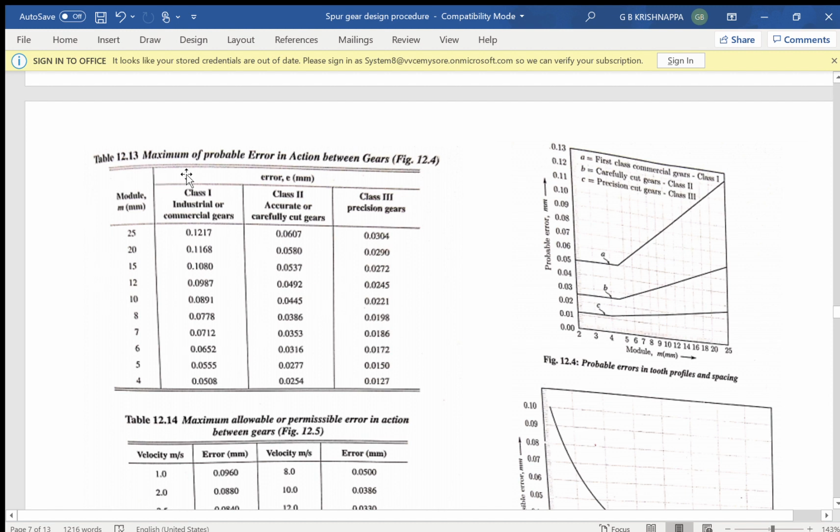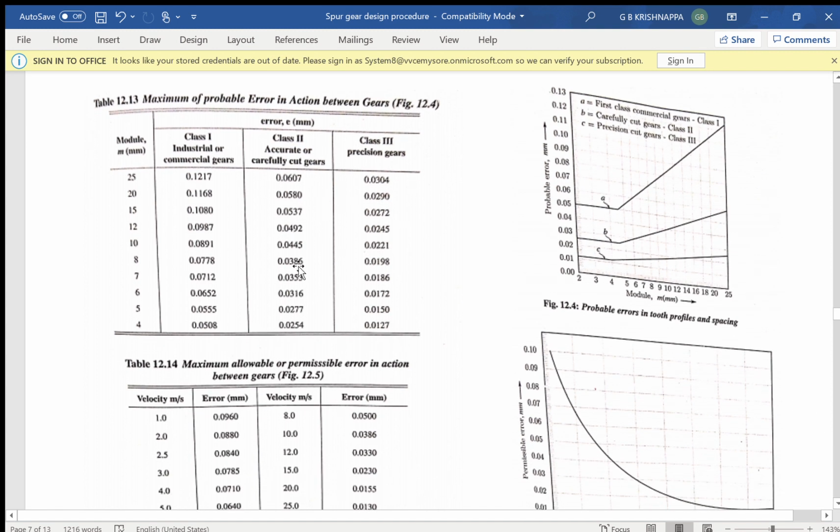This is the maximum probable error in action. Here we have a table and here we have a chart; these two are the same and these two are the same.